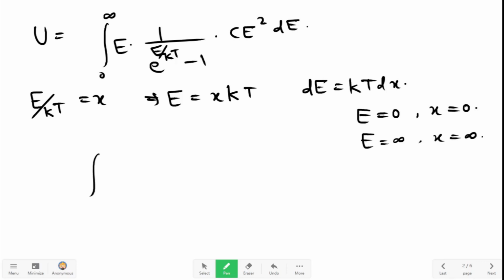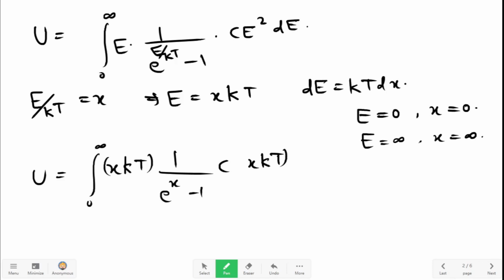So the integral becomes U is equal to the integral from 0 to infinity. Instead of E, put X kT. Then we have 1 by e raised to X minus 1, C times E squared is X kT the whole square, and instead of dE we have kT dx.